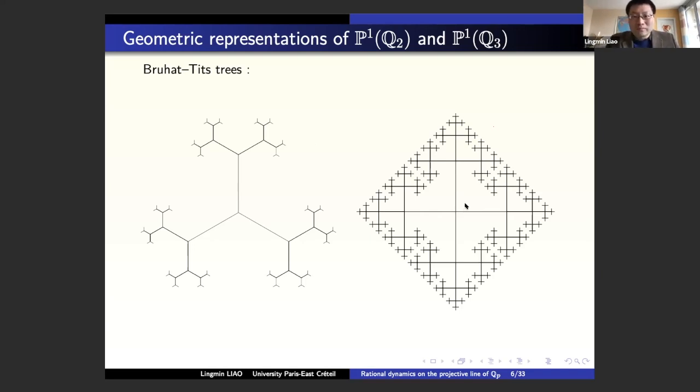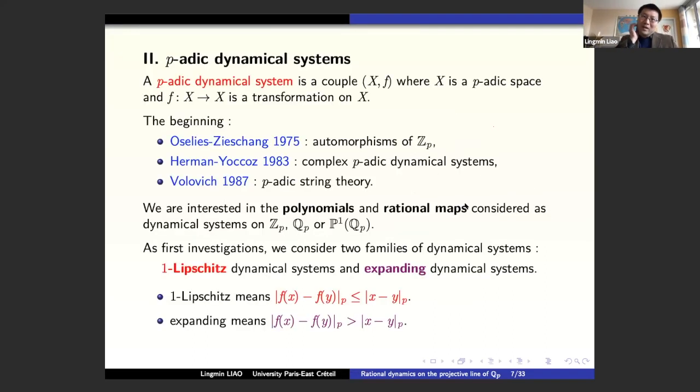I will talk about the dynamics on this projective line. For me, a dynamical system is a space and a transformation, and this space is a p-adic space, surely. For p-adic dynamics, at the very beginning, I think these three works are very important.